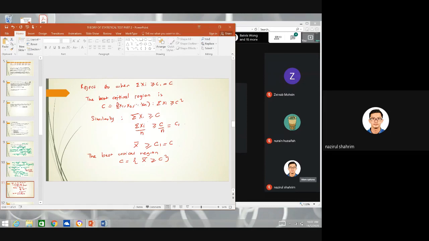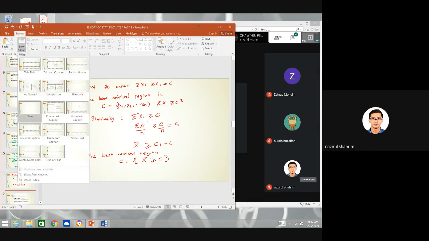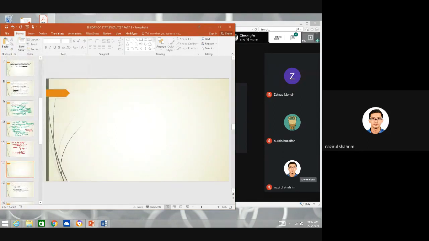So that means you will have your alpha is 0.05.